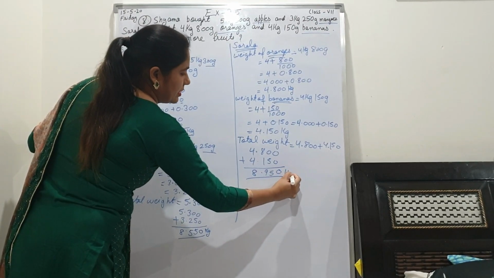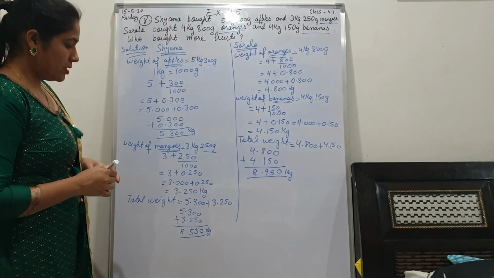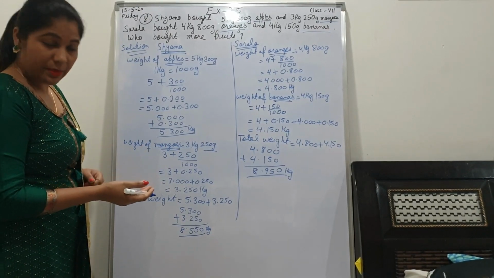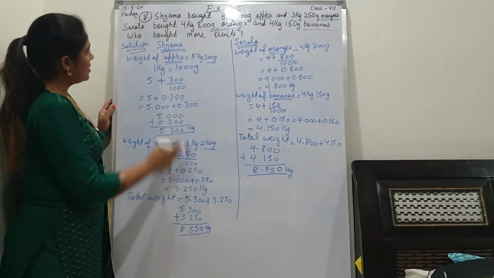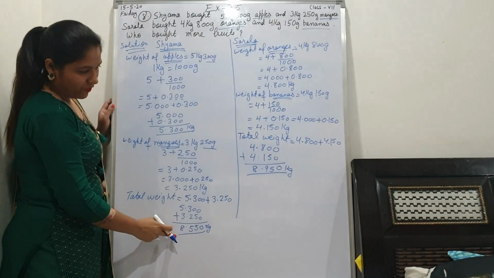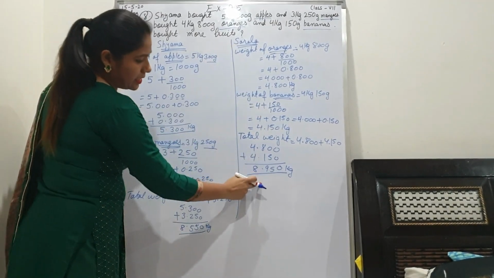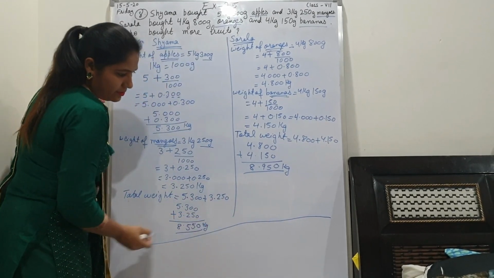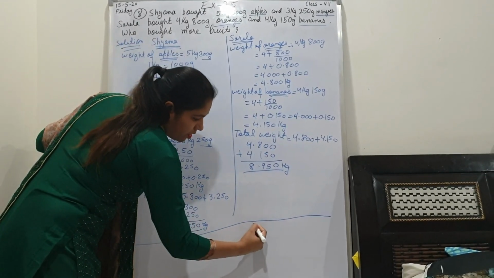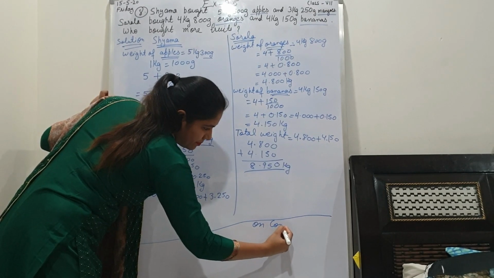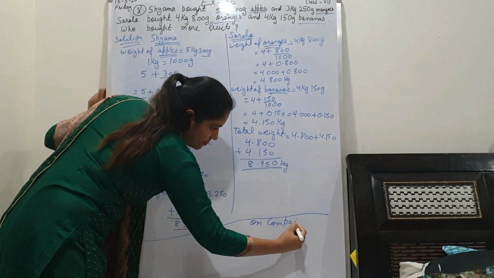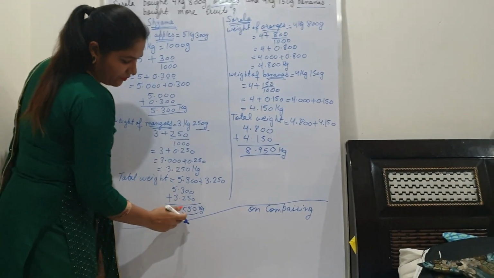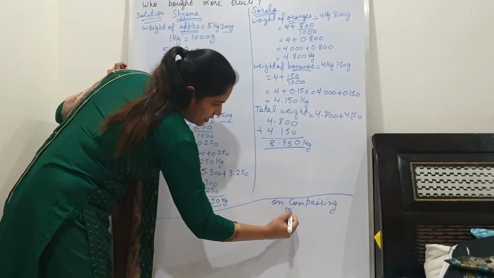That is in kg. So students, now we have to tell who bought more. It means we have to compare them, which one is bigger. This one is about Shyama, 8.550, and this is about Sarla, 8.950. On comparing, which one is bigger, 8.550 or 8.950?